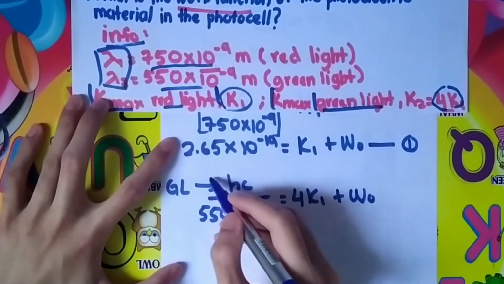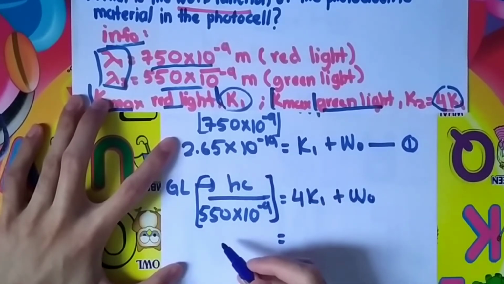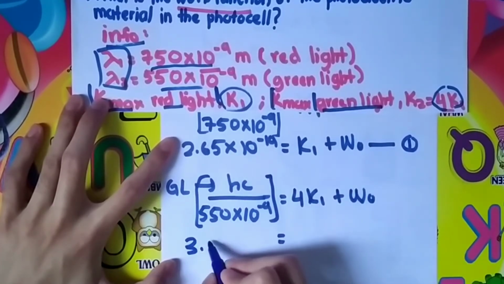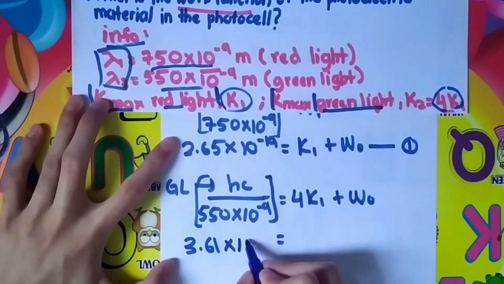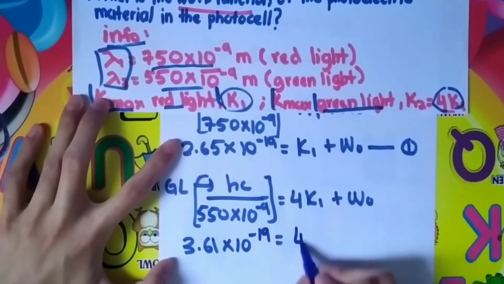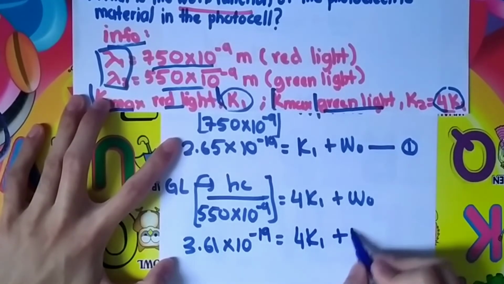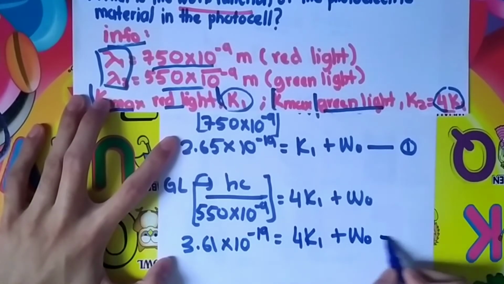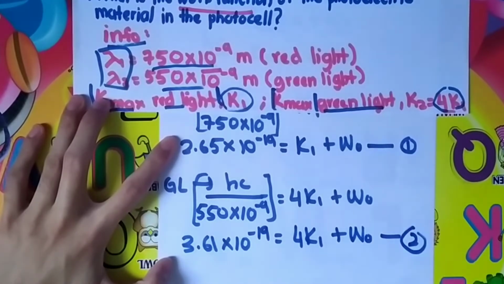Same as before, we calculate this first and get 3.61 times 10 to the power of negative 19 equal to 4K1 plus W naught. This is the second equation.